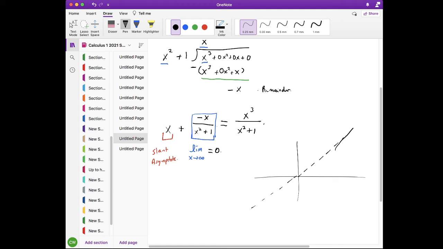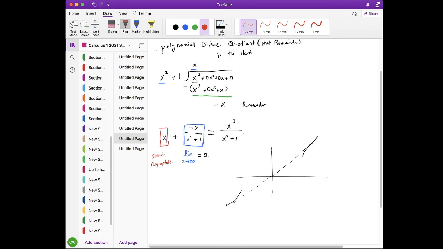The function looks more and more like a straight line because the stuff that makes it not a straight line goes to 0. Okay, so that's the slant asymptote. So when we draw our graph, we're going to have a slant asymptote at y equals x.